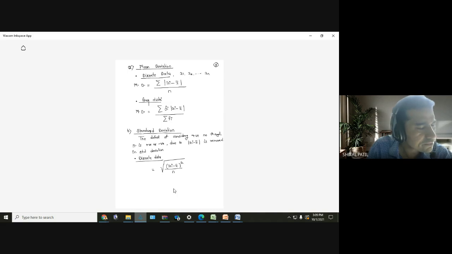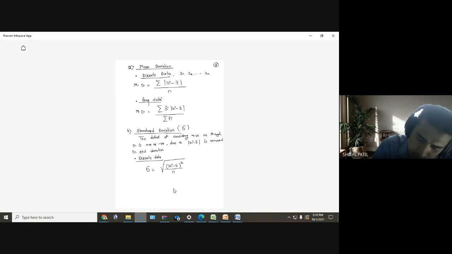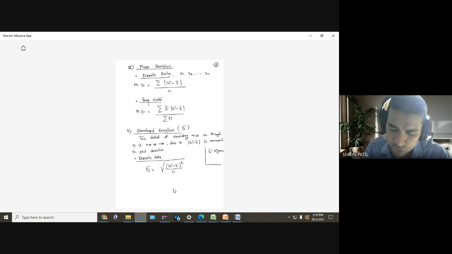This is the formula. Getting everyone? Write it. Square root of summation of (xi minus x bar) square divided by n. This is the formula of standard deviation, and it is denoted by sigma. Sigma is the notation. Okay, you can write this inside. Sigma. Right, now we have to simplify this. Let me simplify it.